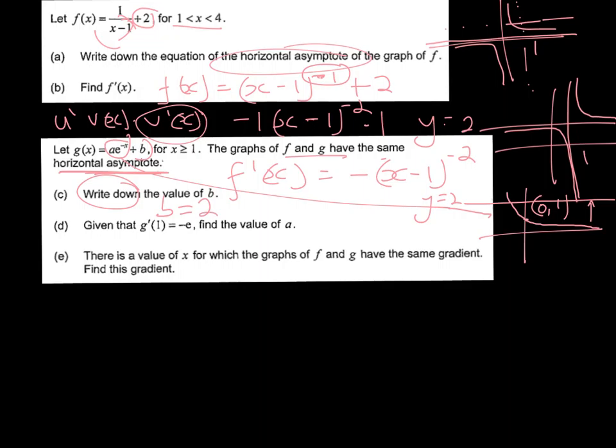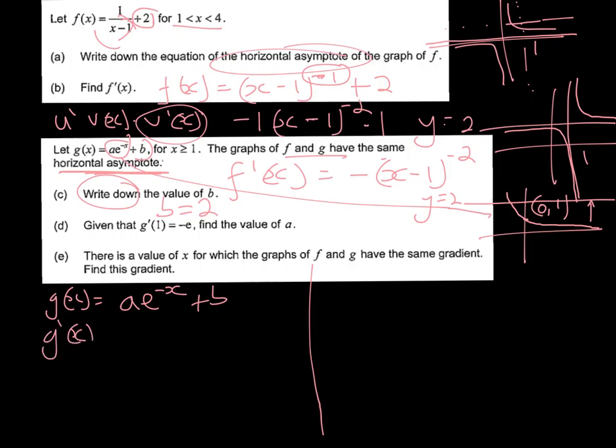Given that g dash 1 equals negative e, find the value of a. So the first thing to have a look at here is if we've got g of x equals a e to the negative x plus b. The first thing we want to do is have a look at the derivative, or g dash x.